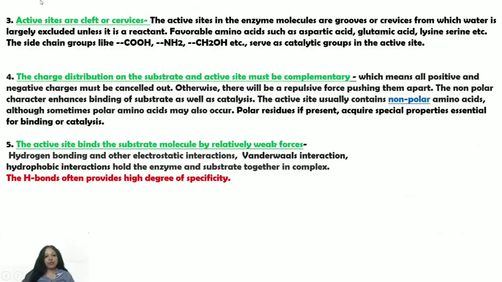Coming to the third property, that active sites are clefts or surfaces. The active site in enzyme molecules are grooves or surfaces from which water is largely excluded unless it is a reactant, and the favorable amino acids present in the active site are aspartic, glutamic, lysine, serine, etc. And the side chain groups like COOH, NH2, CH2OH, etc. serve as catalytic groups in the active site.